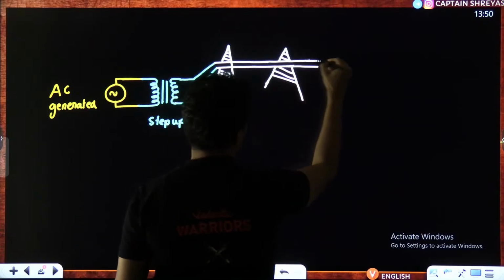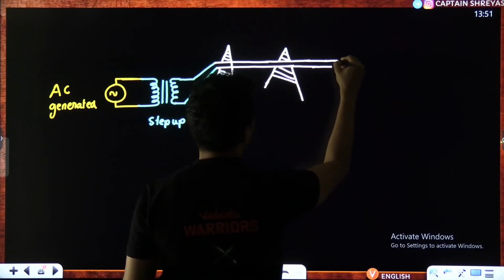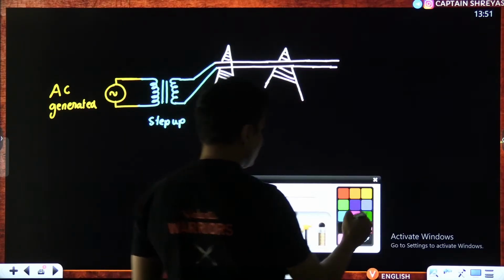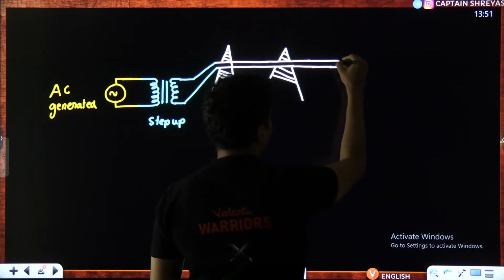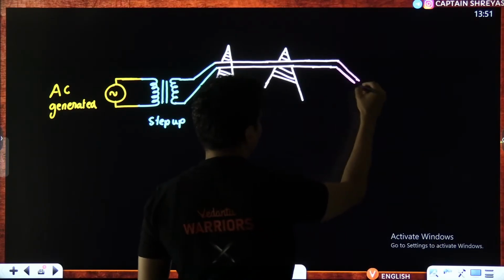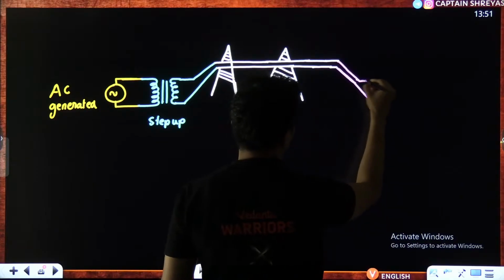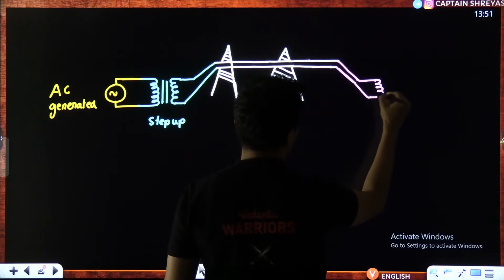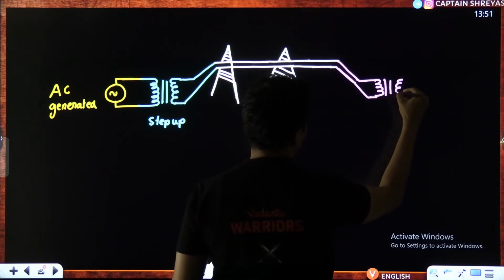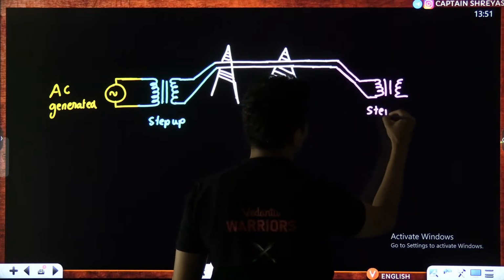So using those transmission towers until you finally reach the destination, and outside your house you have another transformer which is a step down transformer.